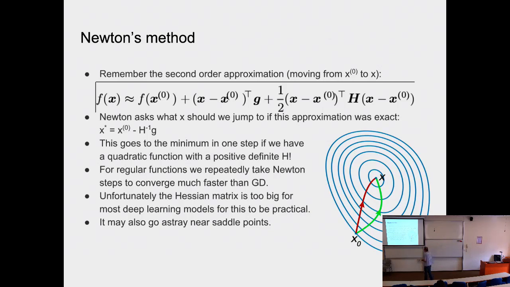So that means, well, how nice. If we can repeatedly take Newton's steps, we can actually converge a lot faster than GD. Unfortunately, we can't do that in deep learning because the Hessian matrix is too big. So everybody has been obsessed with trying to approximate this and not pay the price of a 10 million by 10 million matrix. How can you actually approximate the right direction and size without knowing the actual Hessian?